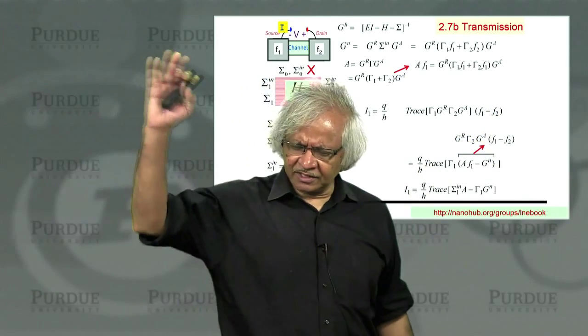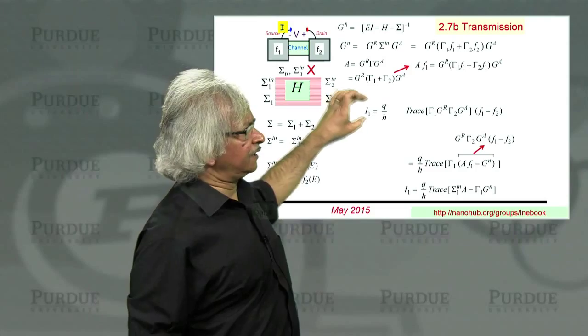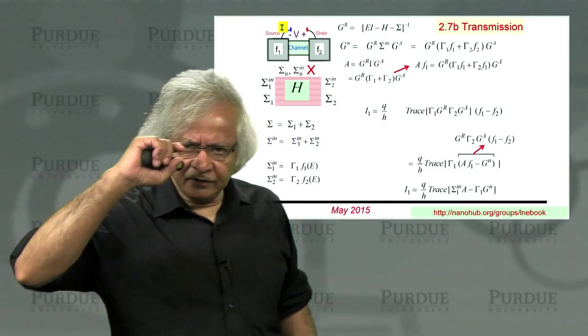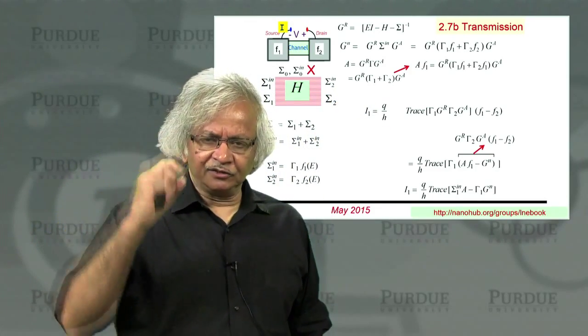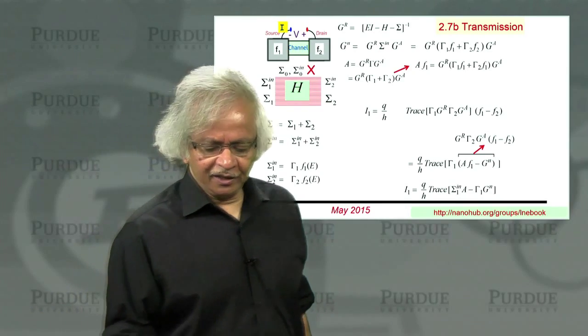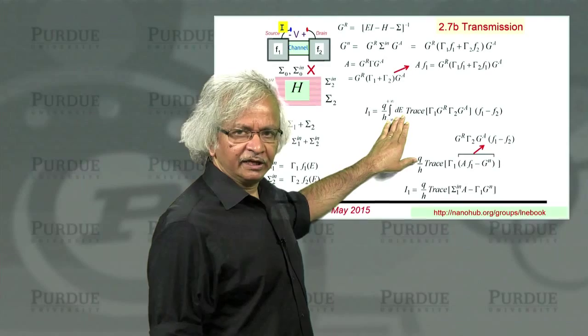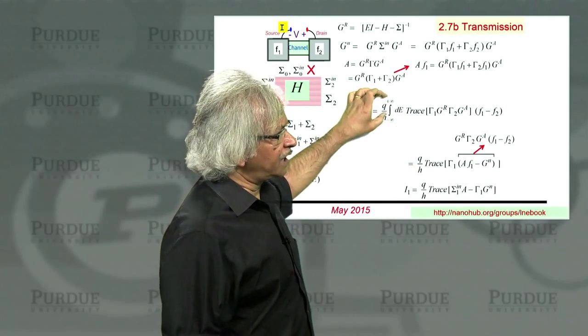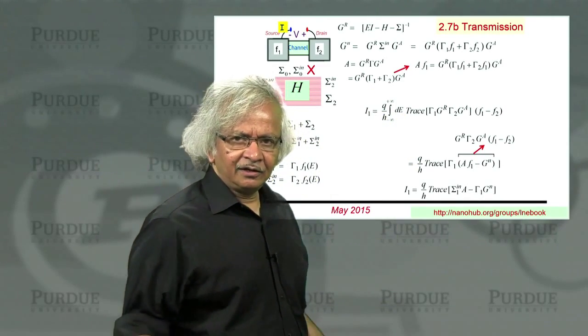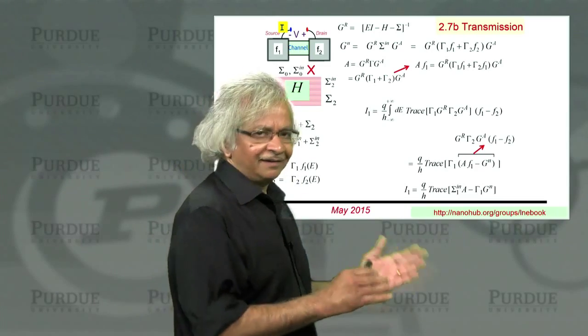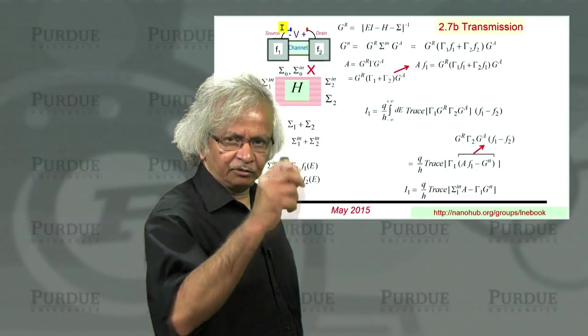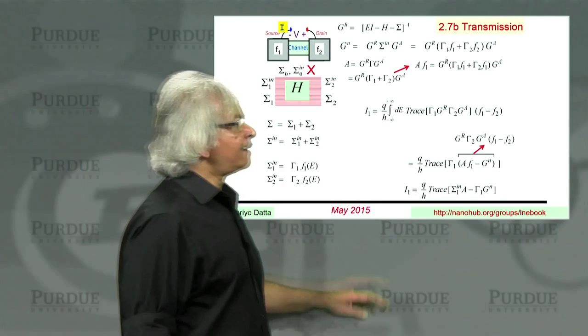Now I should remind you once that we are generally writing this current through a range of energy dE. So this is like current per unit energy. And if you actually wanted the total current, you should integrate over all energy. Right? But in general, I won't be writing this integral. And you should remember that what we are writing is the current per unit energy around a given energy.